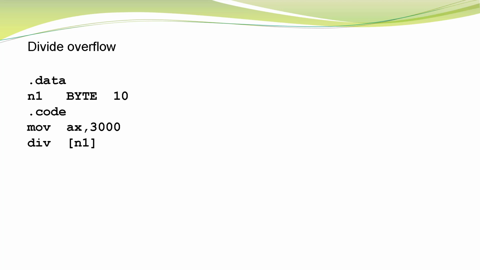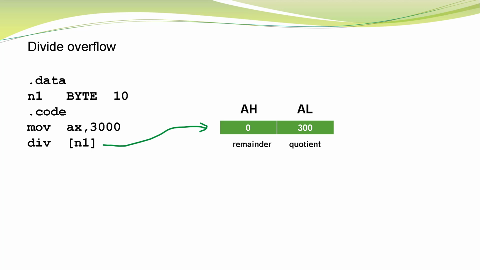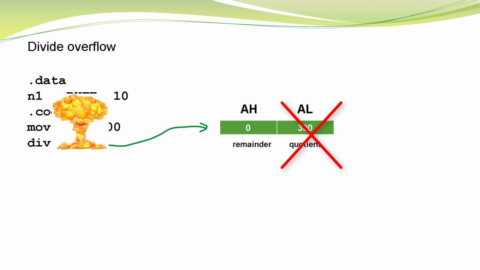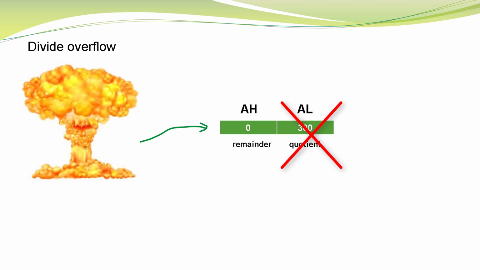That should give me a quotient of 300 that will be stored in the AL register. But the AL register can only hold, at most, 255, and that's for an unsigned number. It'd be even smaller for a signed number. Well, what happens then? The answer is my program crashes with an exception being thrown.